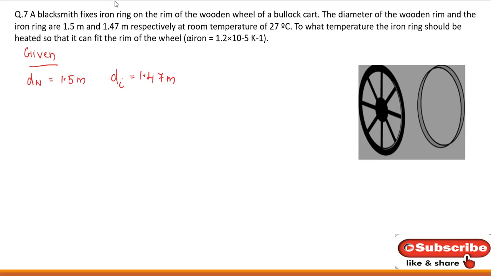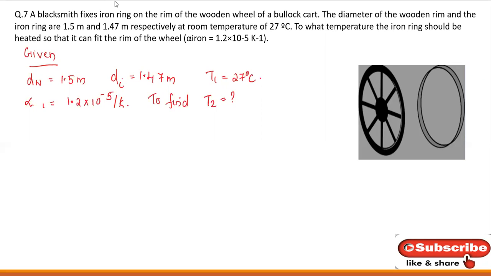Now temperature T1 is 27 degrees Celsius. Linear coefficient of expansion is given as 1.2 into 10 raised to minus 5 per Kelvin. We want to find out T2. To fit the wooden ring, we have to increase the diameter.